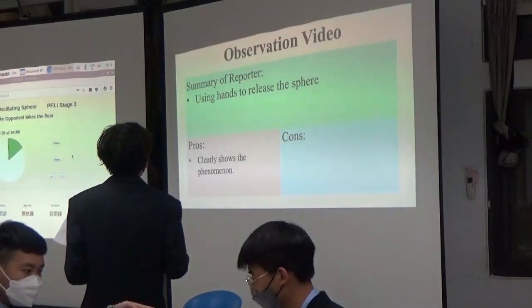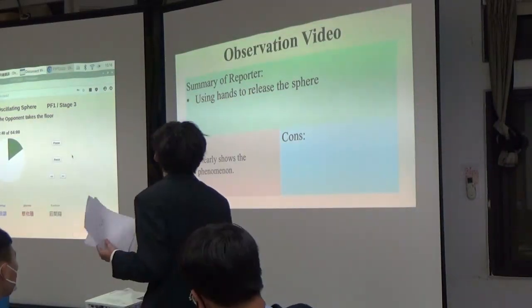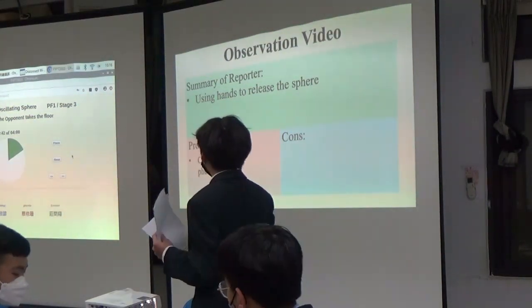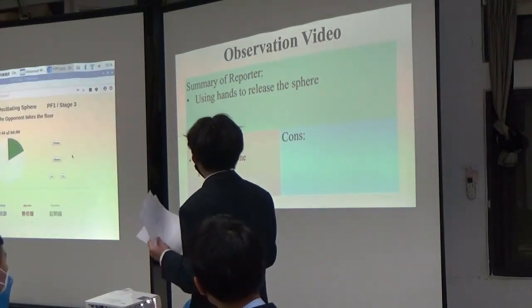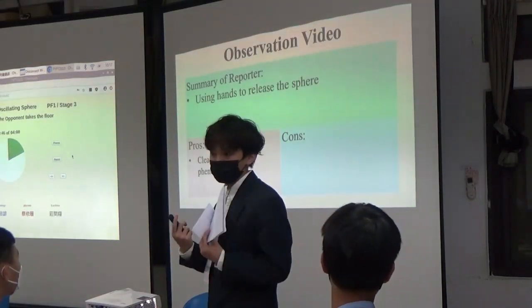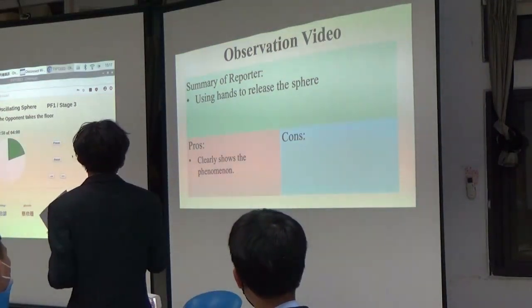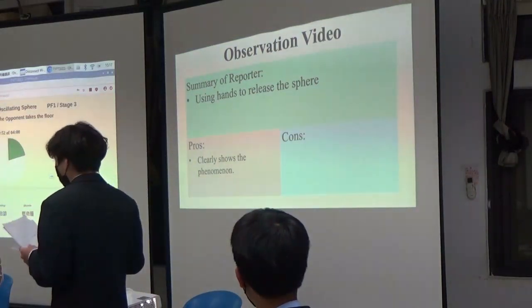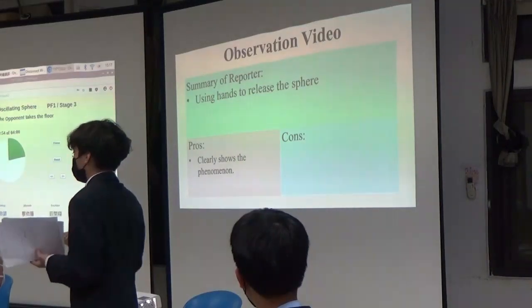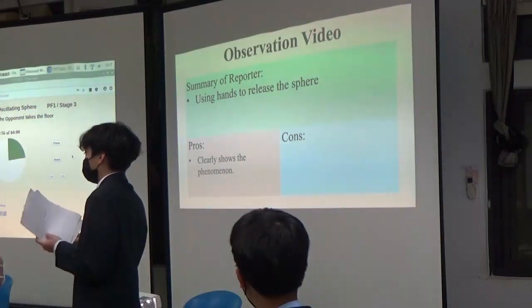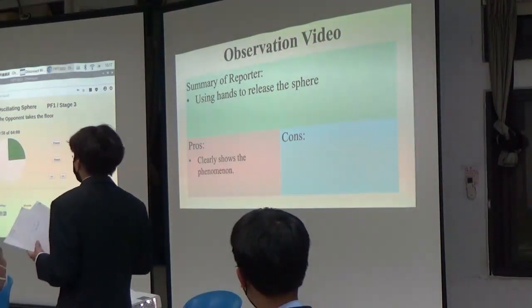And I think the summary of the reporter is about using a magnet to influence the sphere. The first part clearly shows the phenomenon, but I think the reporter lacks the theory.